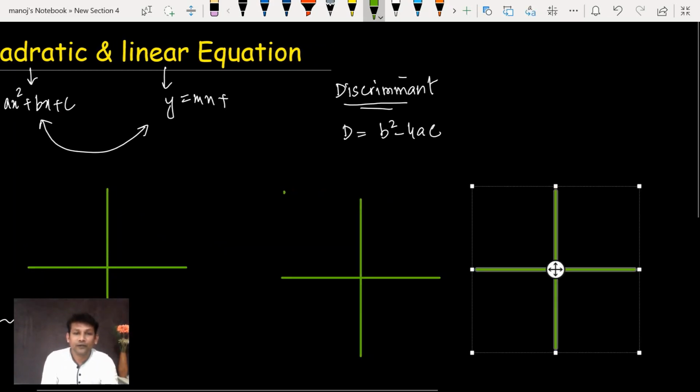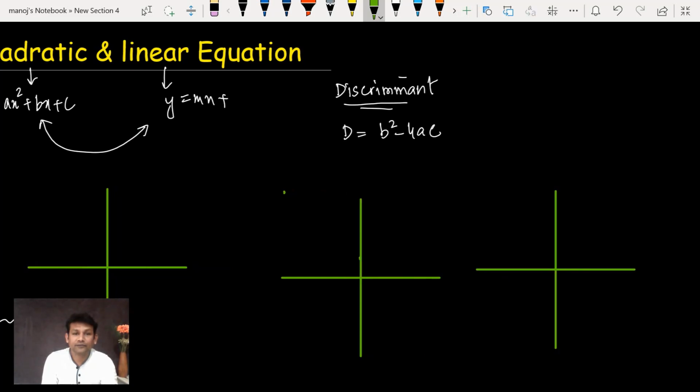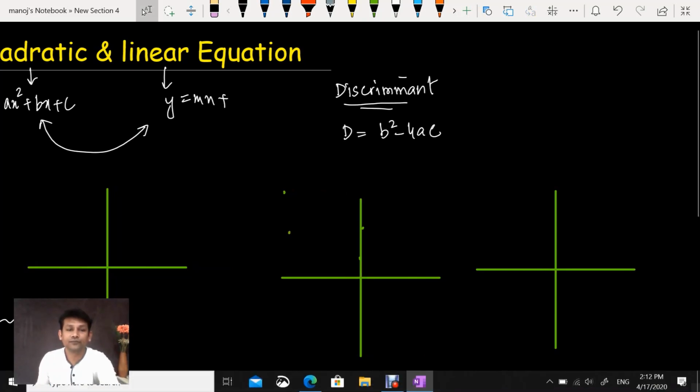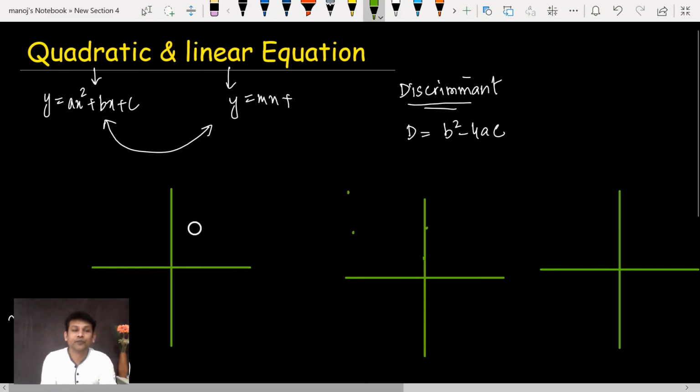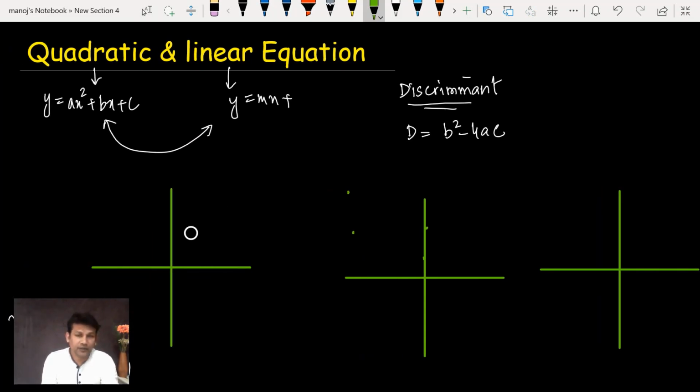The first example here is this curve. Whenever we have a quadratic curve, it is like this here, and the linear equation is cutting at 2 points.